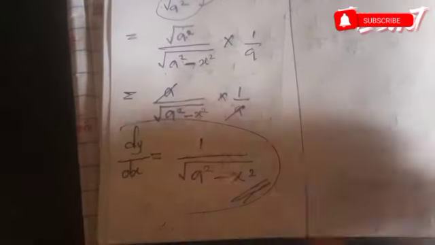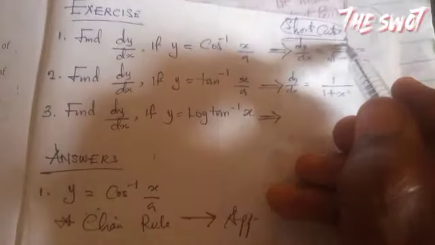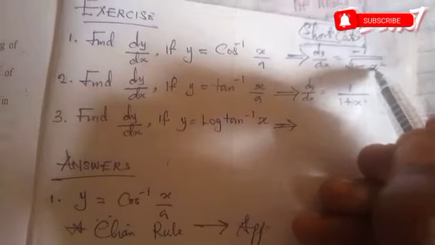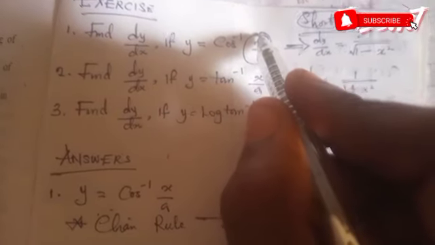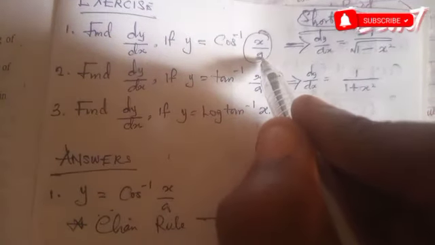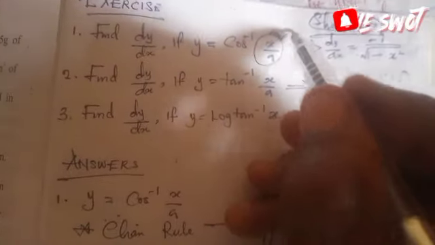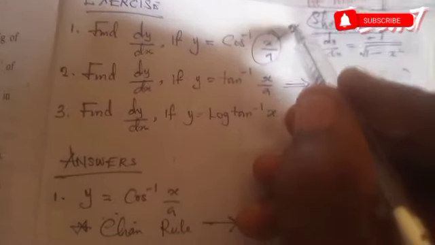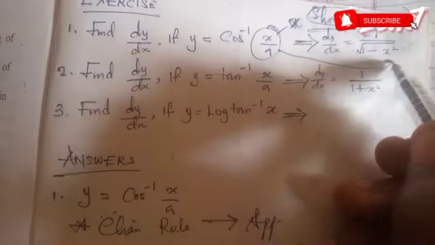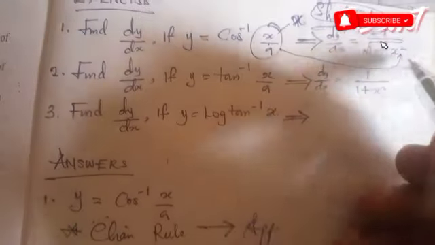If you just want to do it in a shortcut, this is just what you need to do. Shortcut, you just come here, 1, this x is this. Do you get that now? This x is this. This is your u, I mean, this is your x. This x that is here, this is it. So just put it.